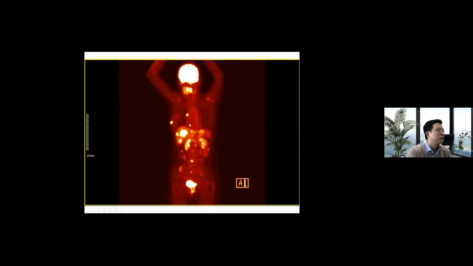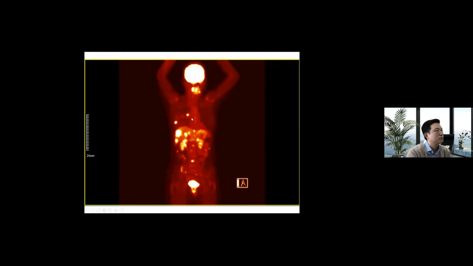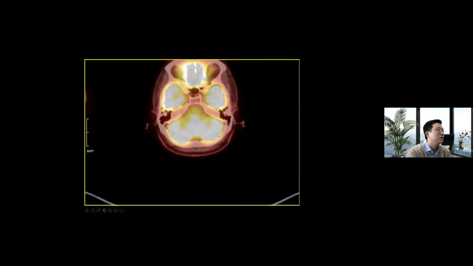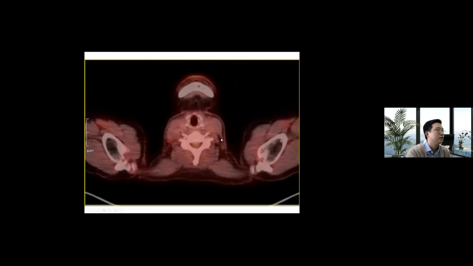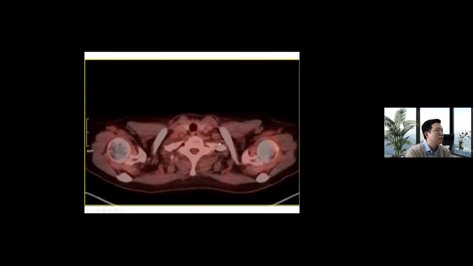And there is one unusual focal uptake that could be internal mammary, could be mediastinal, could be a hilar node. You can see that in the transaxial imaging.